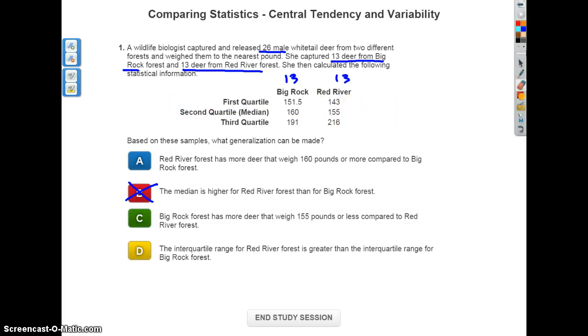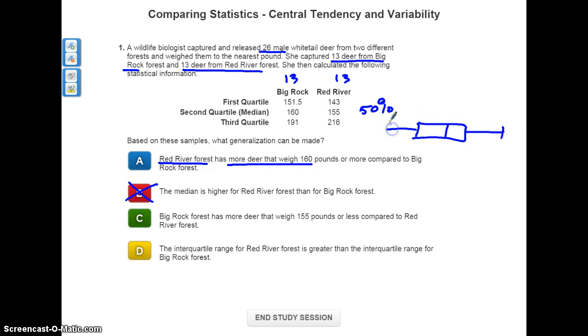That was the first one that stood out to me, and now I'm going to have to do a little bit of thinking on the rest of these. So now look at choice A. Red River Forest has more deer that weigh 160 pounds than Big Rock. I'm coming to Red River, and their median number is 155, meaning 50% of the data of these 13 deer come up to 155. Here's pretty much what your box and whisker plot would look like, because right here, this is 155 pounds, so that's the median number.